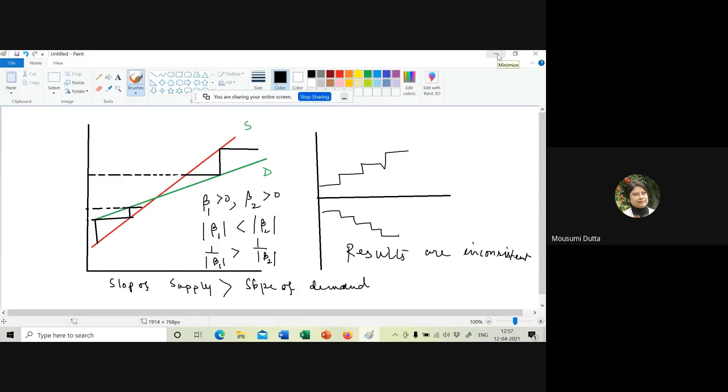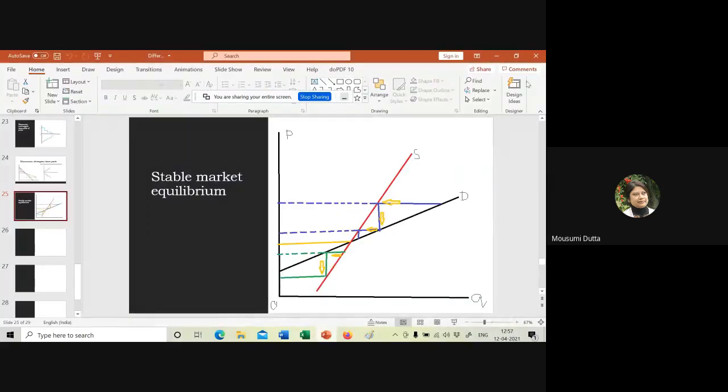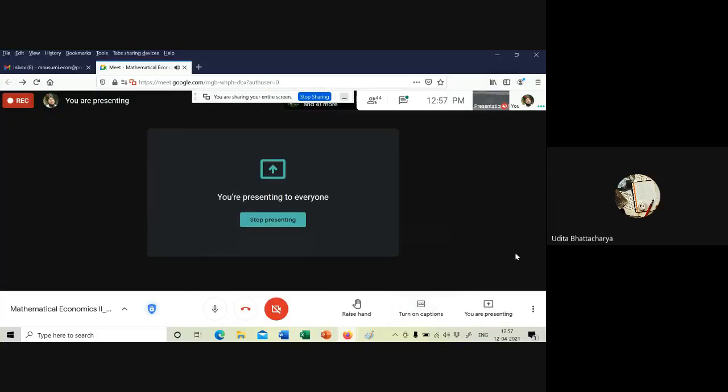Is there any question? Ma'am, when we are drawing the monotonic time path for this stable market equilibrium, which is not correct, when we are plotting it in the graph, how will we express it in terms of the graph? Will we give a kink at any point for a greater than 0, that monotonic time path? We'll just show a kink. For which particular case are you asking this question?